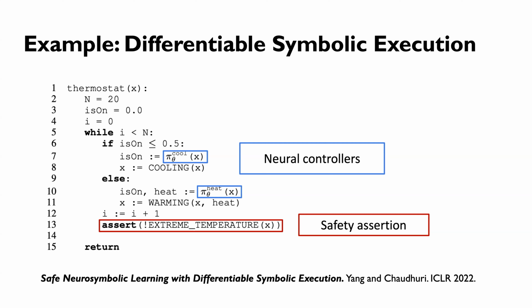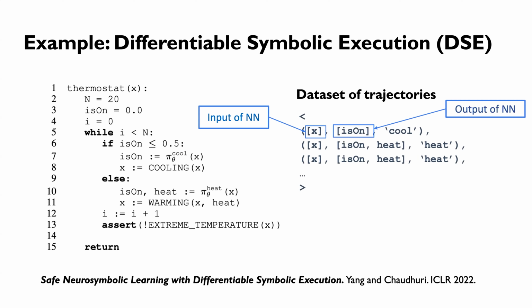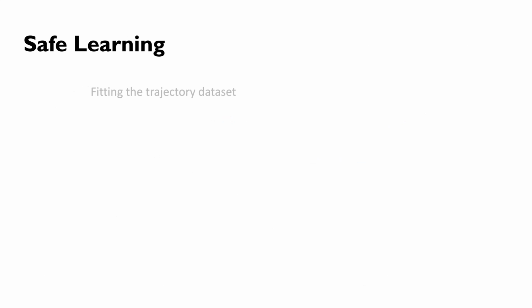By the way, in this model, these two are neural networks, and the rest of it is symbolic, and that's why this is a neurosymbolic program. Also, you have a data set of trajectories, so there is a quantitative loss function as well. Basically, you're trying to learn parameters that can reproduce the trajectories that you are seeing over there, but also satisfy the safety assertions that are there in this program.